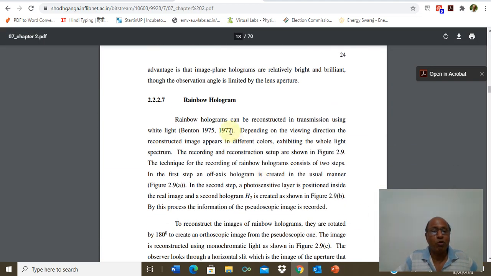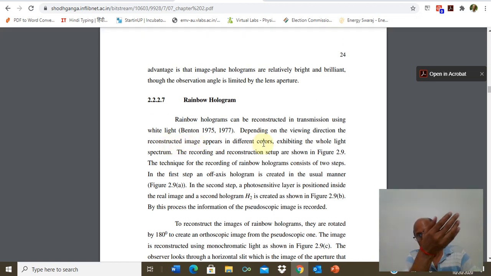There is a rainbow hologram. It is also called a white light hologram, and these can be reconstructed in transmission mode using white light. That means although in the reference wave you are using a coherent beam, while reconstructing the image you can use normal white light, which has all its colors within its fold, and this reconstructed image appears in different colors exhibiting the whole light spectrum.